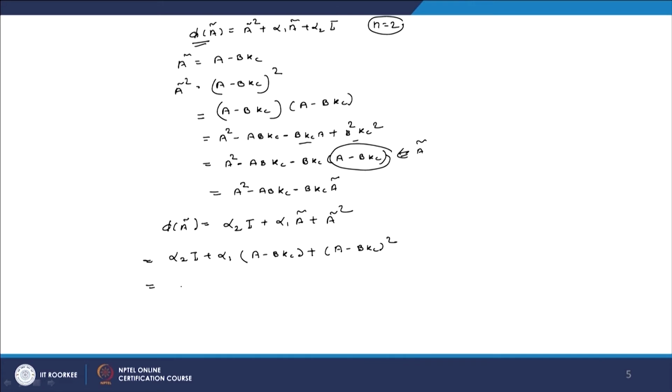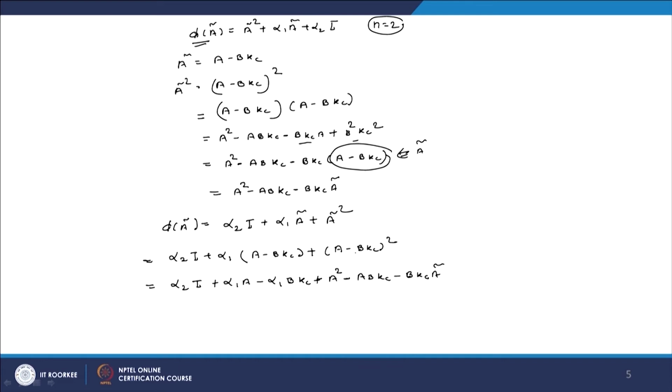Now we solve these equations, we will get alpha 2 into I plus alpha 1 into A minus alpha 1 B into Kc plus A minus B Kc square. So we can write this as A square minus AB into Kc minus B into Kc into A bar.